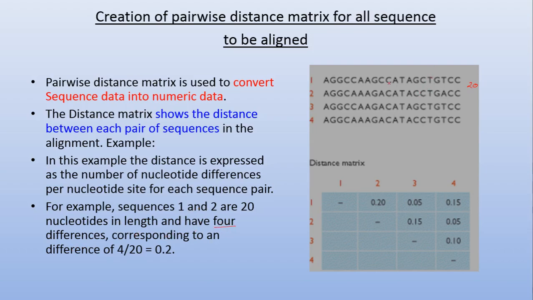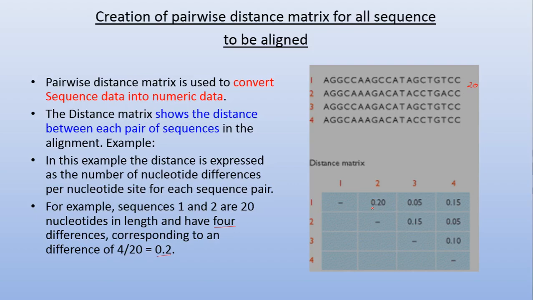These two sequences differ at 4 positions. So what we have done is simply divide the differences by the number of residues or characters present in these two sequences, and whatever number you get, we can populate in your distance matrix.